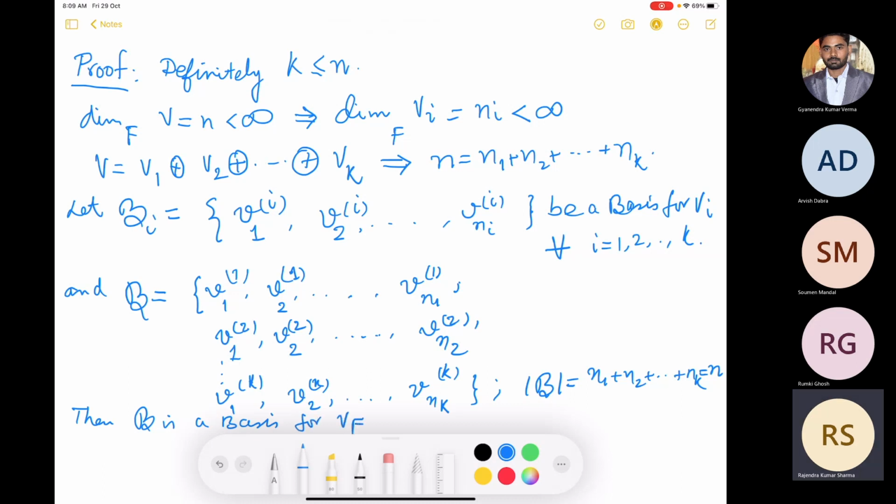for V over F. So once we have this as a basis, we can also observe about these subspaces Vi, that Vi is T invariant, and therefore each ViT is in Vi.